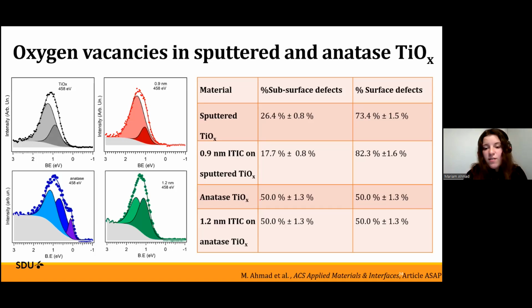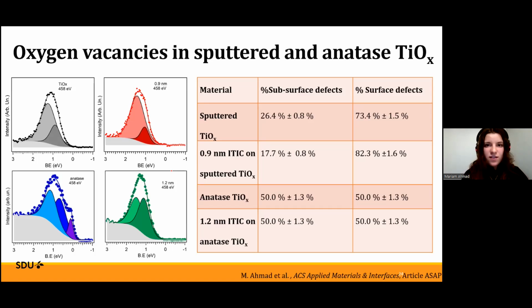Here we have a 50-50 contribution of surface and subsurface oxygen vacancies, unlike the sputtered titanium oxide, where surface oxygen vacancies were dominating. And after deposition of ITIC, we still have a 50-50 contribution. So the subsurface vacancies are not quenched after deposition of ITIC for anatase titanium oxide, only for sputtered titanium oxide.